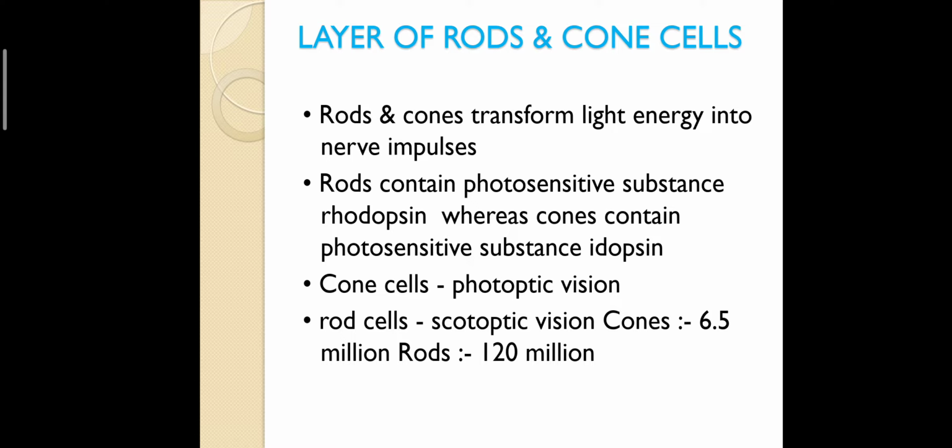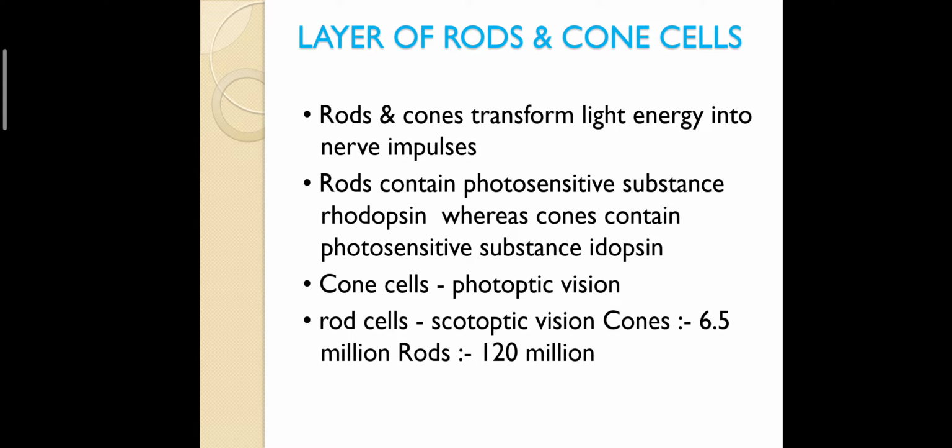Rods contain the photosensitive substance called rhodopsin, whereas cones contain iodopsin. The number of rods is very large compared to cones. There are around 120 million rods, whereas the number of cones is just 6.5 million.